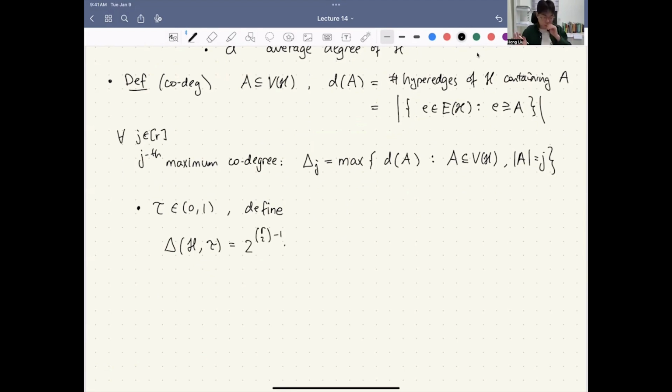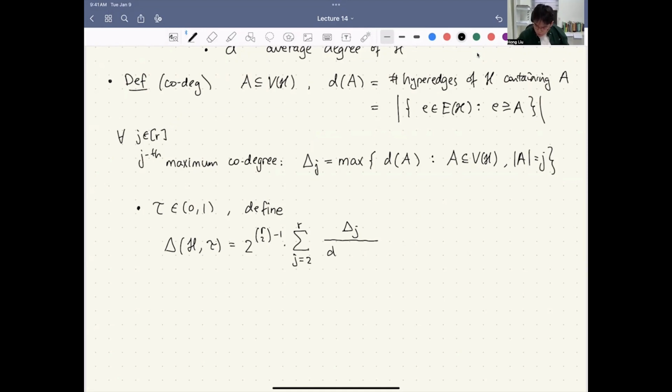Usually r is constant, so it's just some constant times the sum over j from 2 to r of delta_j over d times tau to the j minus 1.